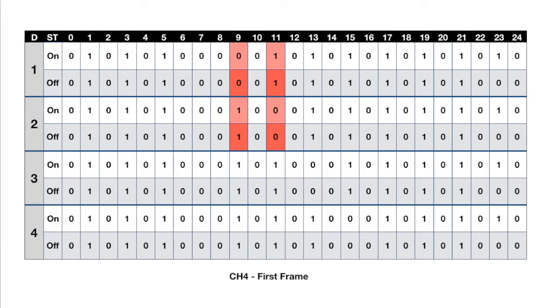A 0 in position 11 indicates that this is the second device, and hence the first position here is always 1, and all of the remaining are always 1, as we see. Then device 3 will have a 0 on position 13, and ones everywhere else. And then the fourth device will have a 0 in position 15 and ones everywhere else.